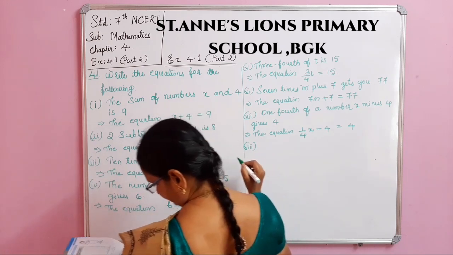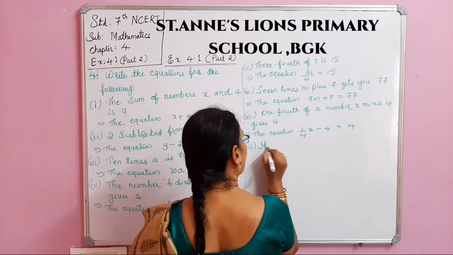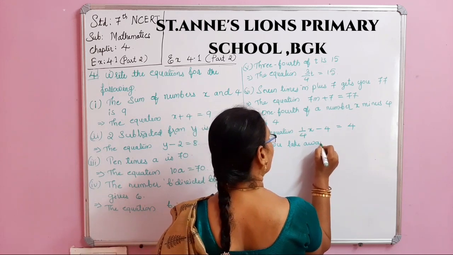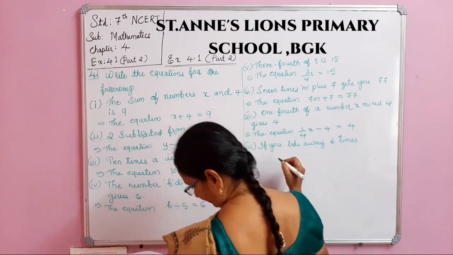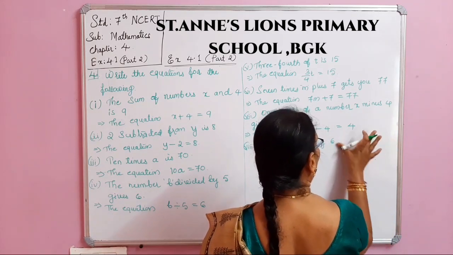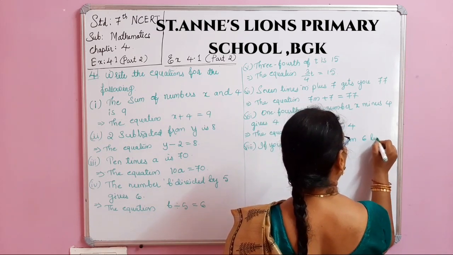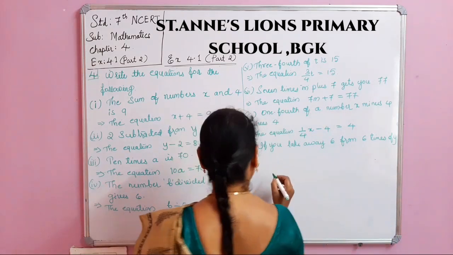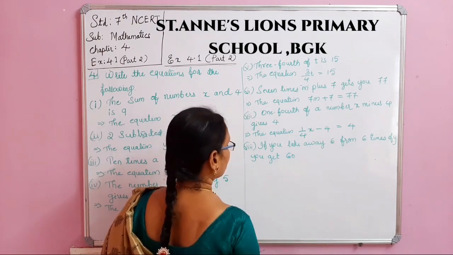Next, eighth one, if you take away 6 from 6 times y, if you take away 6 from 6 times of y, you get 60.